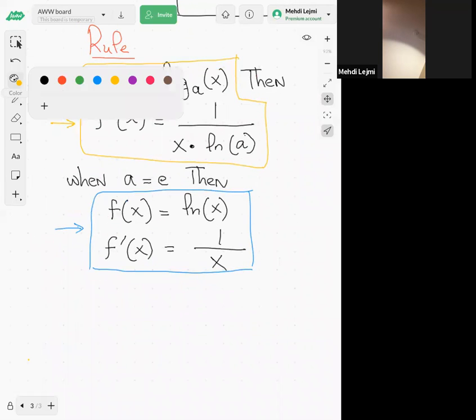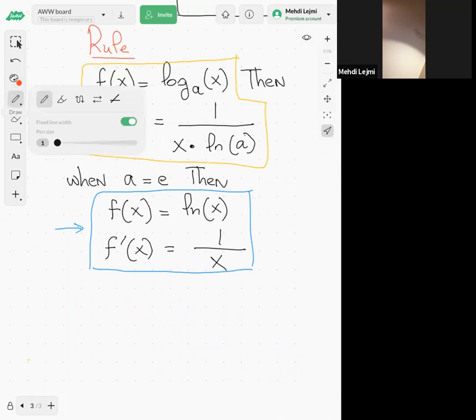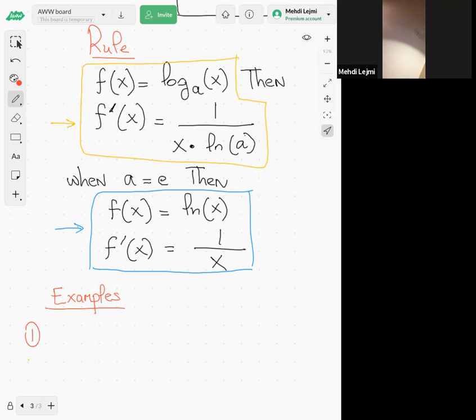So first example. Let's say h of x is equal to log in base 4 of x, and you want to compute h prime.